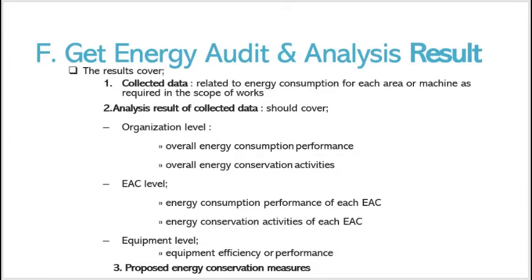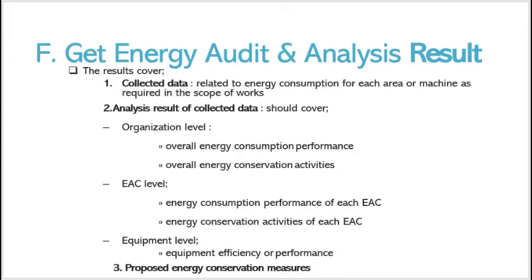The results cover three parts. The first one is collected data. Second is analysis result of collected data. And the third one is proposed energy conservation measures. First, collected data is related to energy consumption for each area or machine as required in the scope of works.